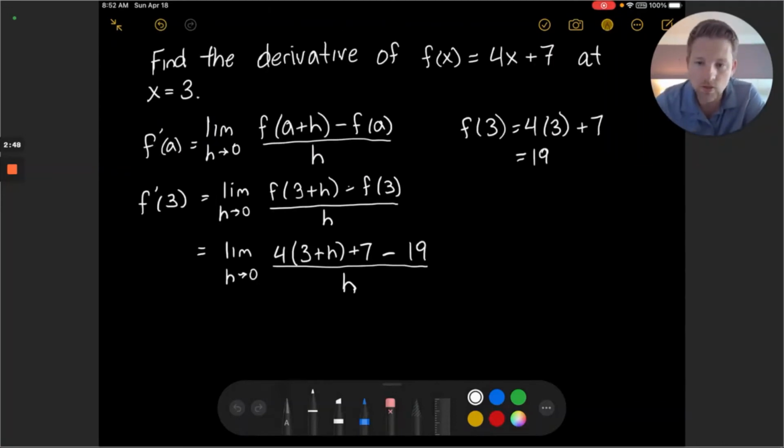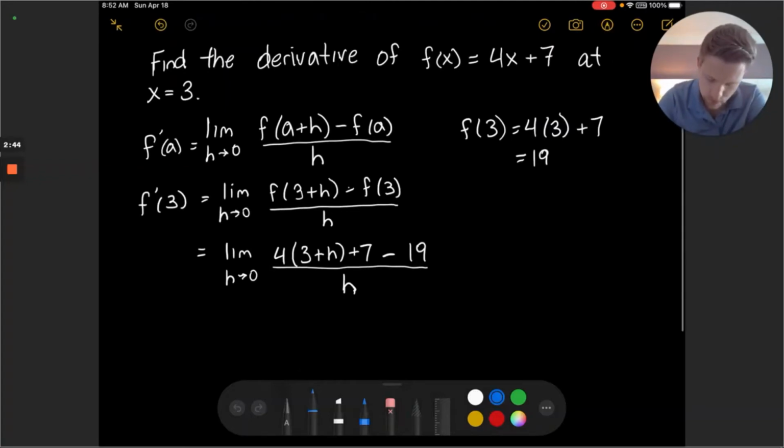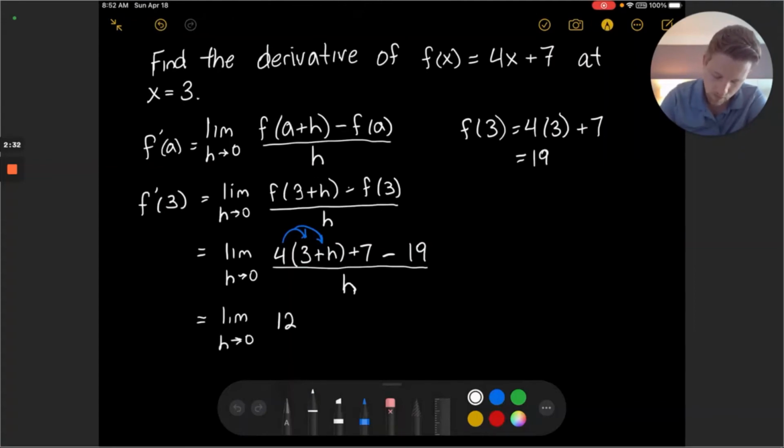Okay, so let's continue to manipulate our limit. We can distribute our 4 into the limit. So we have the limit as h goes to 0 of 12 plus 4h plus 7 minus 19 all over h.